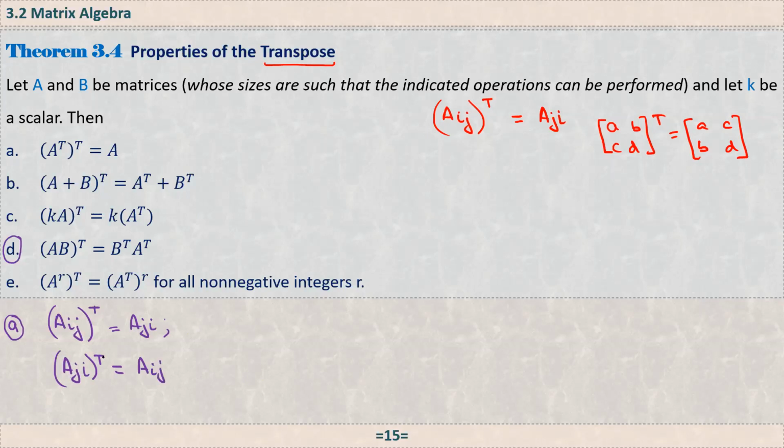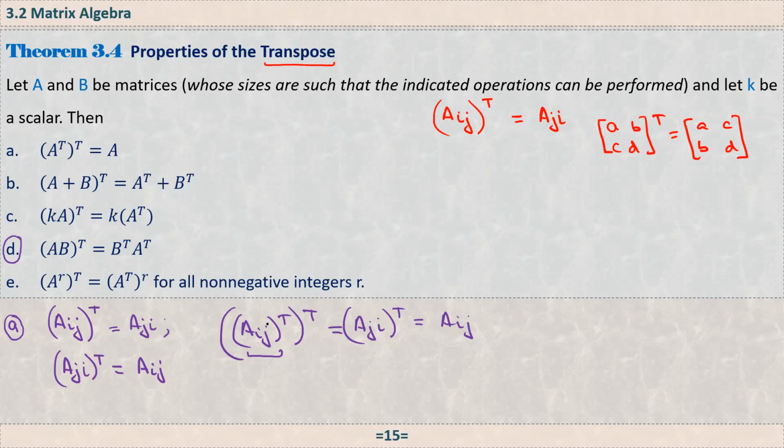Now from here, if I write this together, the ij entry of A transpose transpose: this inner part we have just calculated, that's equal to A_ji, and here we have transpose. And the second one, we did this here, that's equal to A_ij.